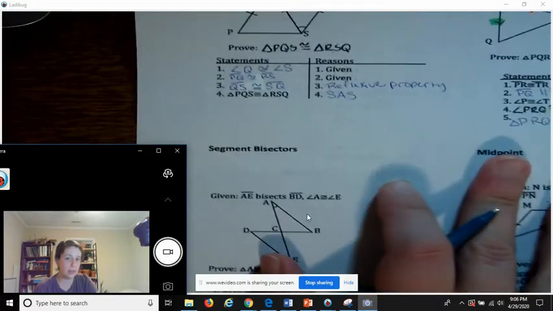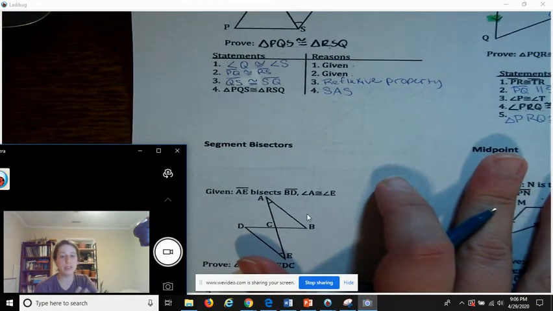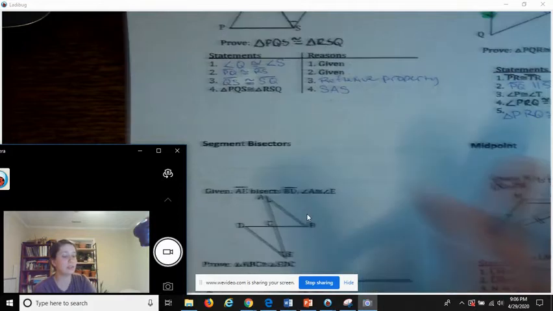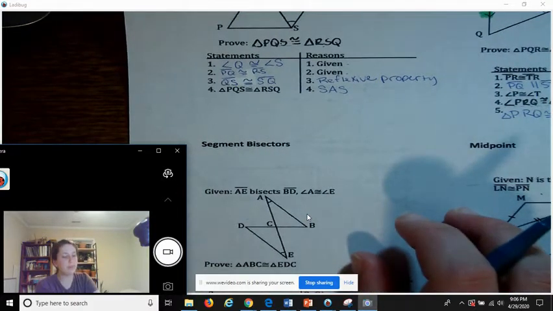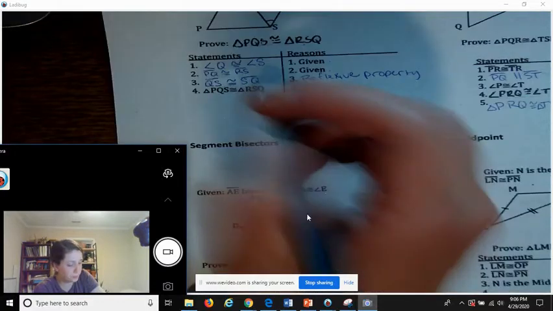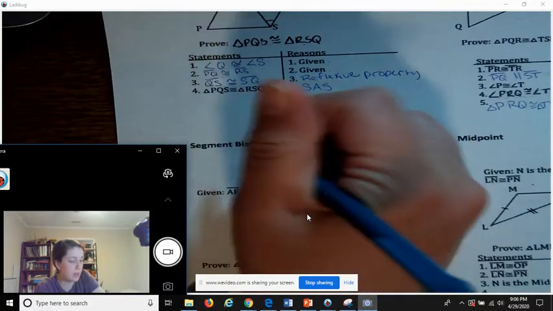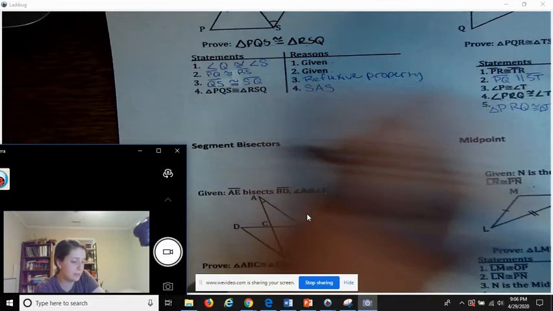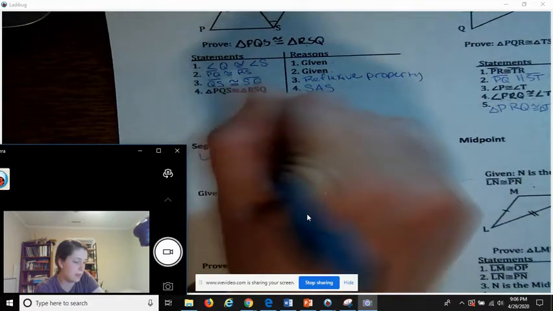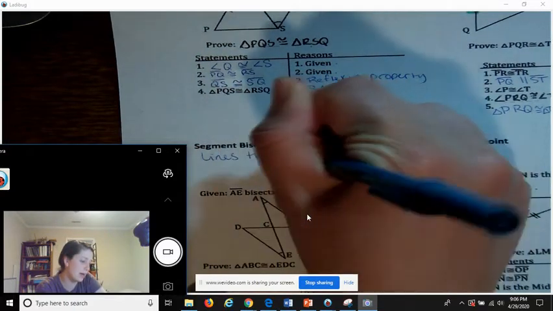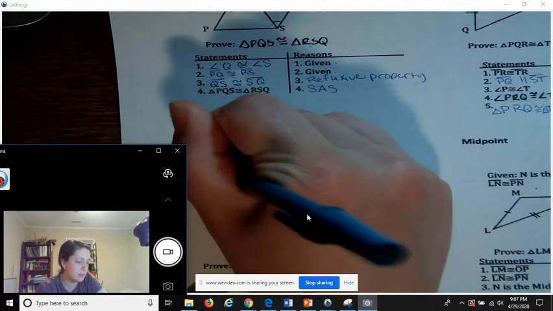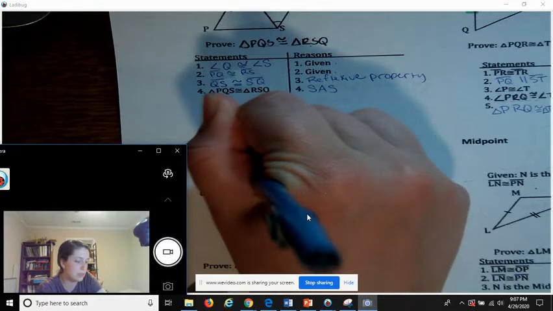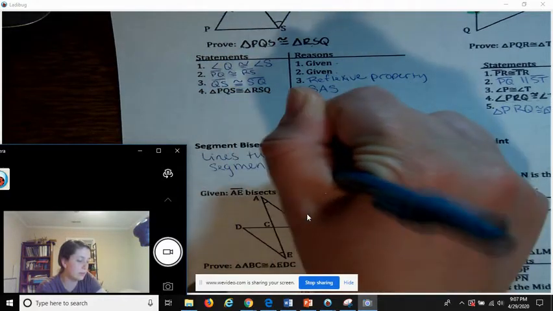Okay, so there's your first two. Next we have two more pieces of vocabulary and then two more proofs. So segment bisectors are lines that divide a segment in half.